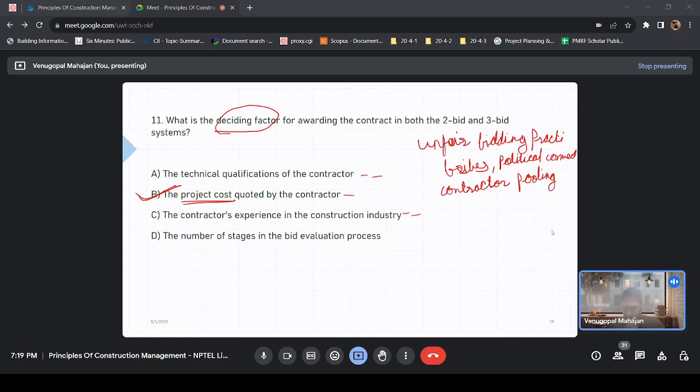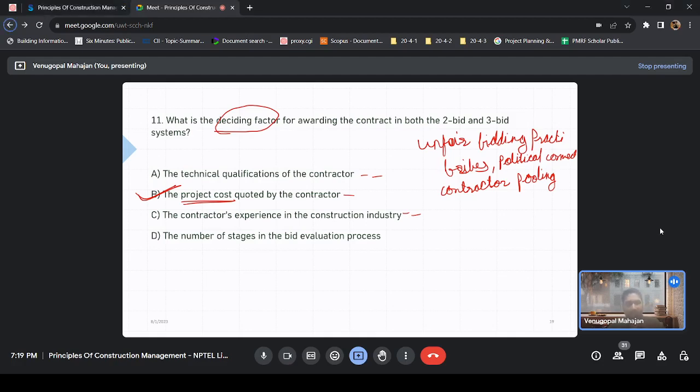But even after all these, the deciding factor, as per CPWD or even the Asian Development Bank, is always going to be the L1, the project cost quoted by the contractor. Who has quoted low will get it.